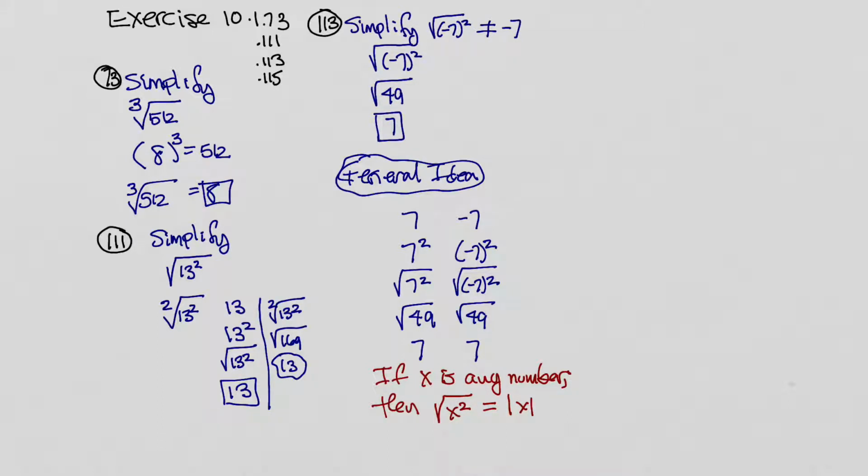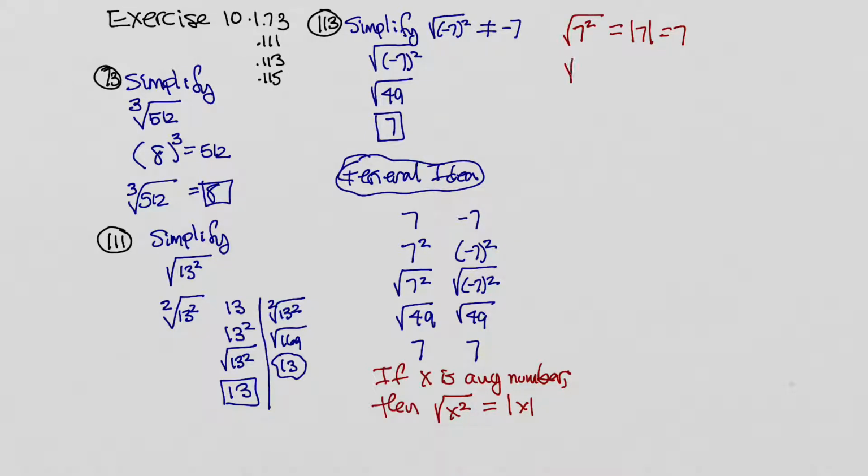So let's try a couple of things and see exactly how to read this. I'll do it up here at the top. If we start with 7, and we square it and square root it, what we're going to get is the absolute value of 7, and the absolute value of 7 is 7.